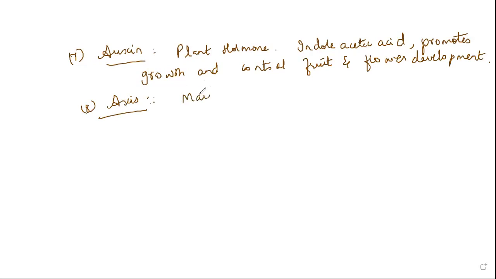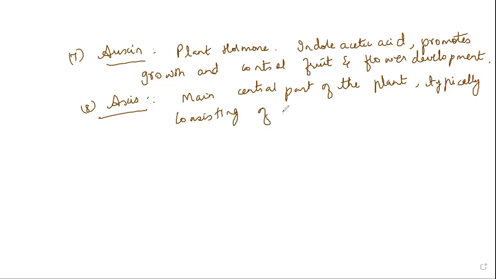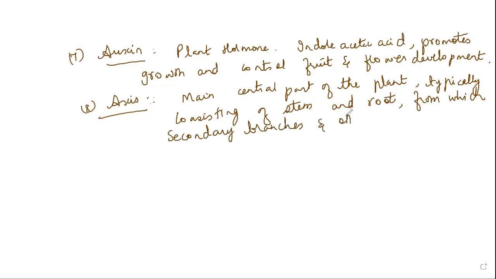It is the main central part of the plant, typically consisting of stem and root, from which the development of secondary branches and other parts happens. This is nothing but axis.